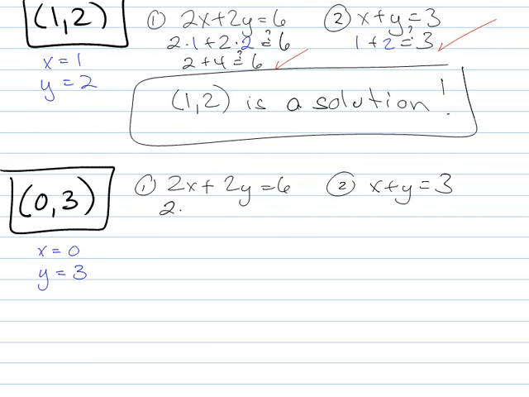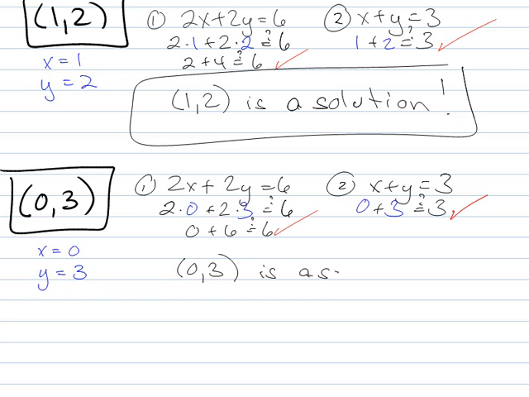So we've got 2 times x plus 2 times y. We want to know, does that equal 6? Does 0 plus 6 equal 6? Yes, it does. And what about this one? Does 0 plus 3 equal 3? Yes. So we also have that 0, 3 is a solution.